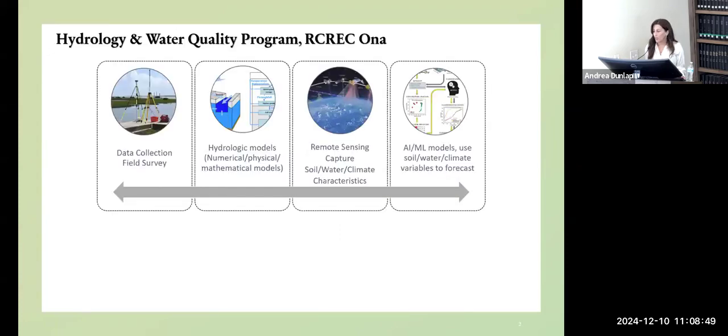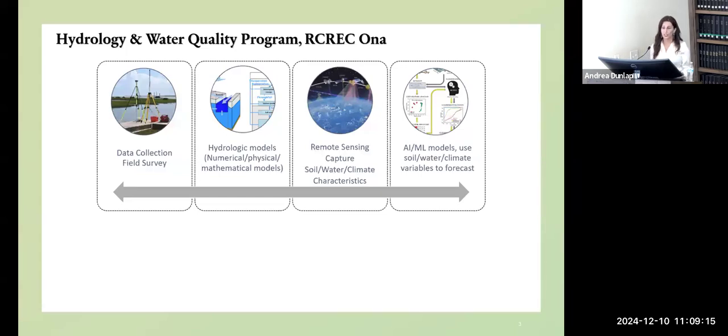So by knowing all these issues and questions, as part of our hydrology and water quality program at ONA, we focus on groundwater study. We have designed different phases for groundwater study here, and various techniques we are using to study the groundwater.